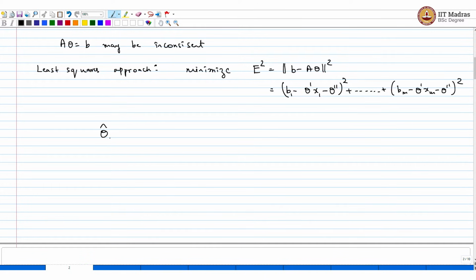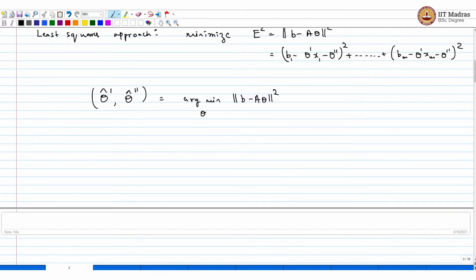Let's call the minimizer theta hat prime, theta hat double prime. It's the arg min over theta of b minus A theta squared.